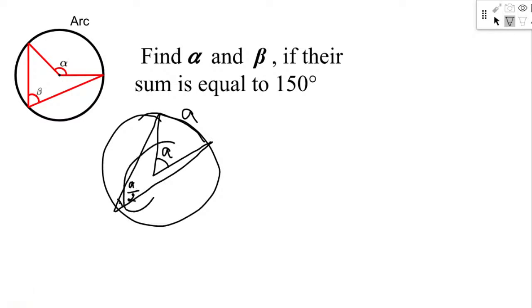So their sum is equal to 150. We write A plus A divided by 2 equals 150.